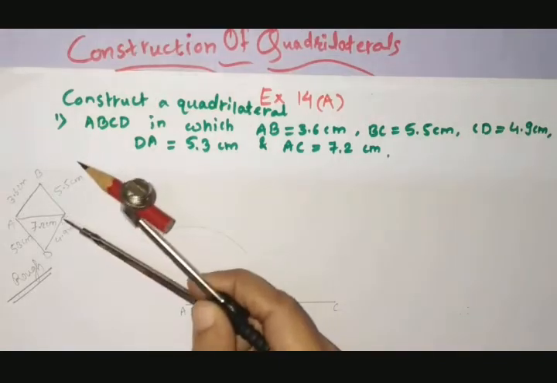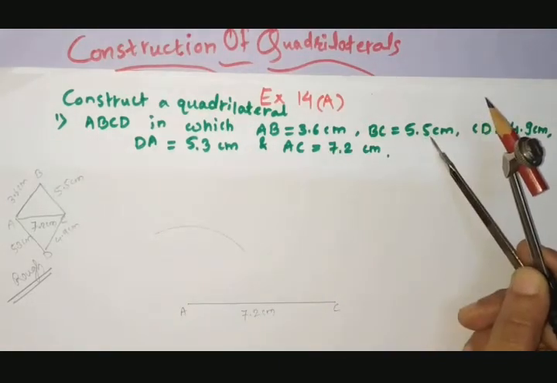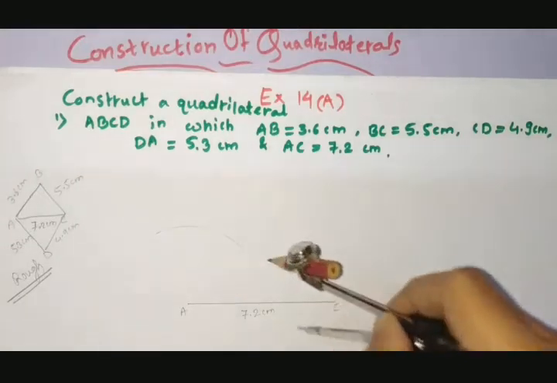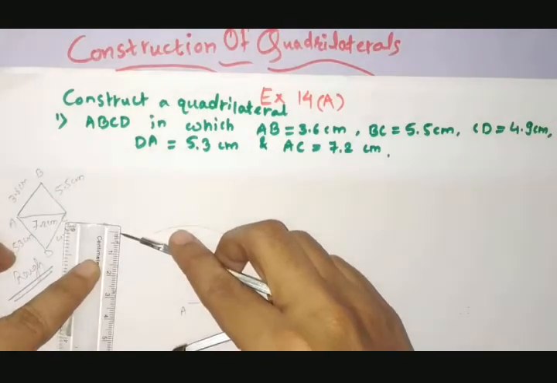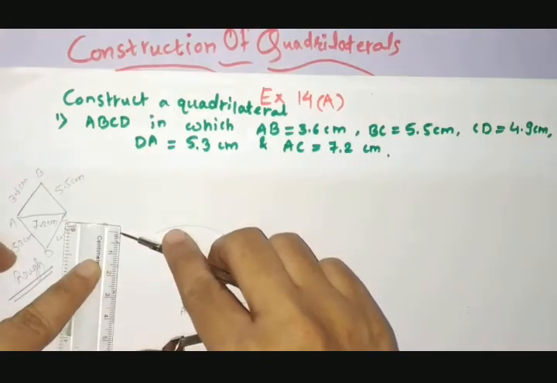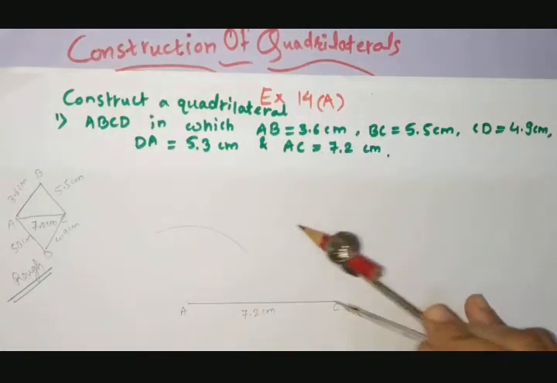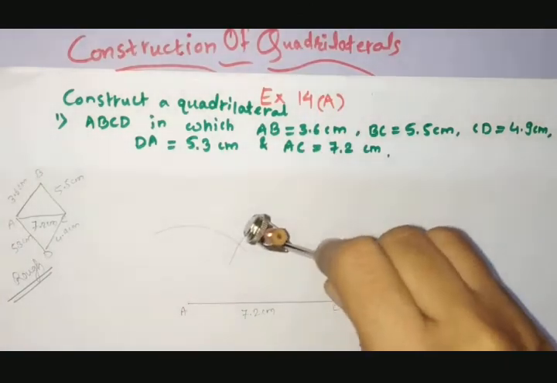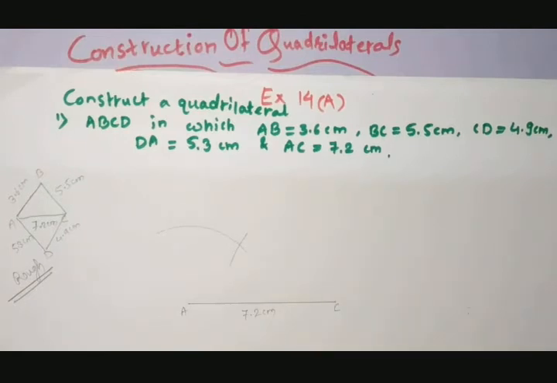Now you need to draw CB, or you can say the BC side, which is 5.5. So with C as a center I need to cut here. I will take 5.5. You have to be very sharp in measurement here. This is 5.5. Take C as a center and cut here. So these arcs intersect here.